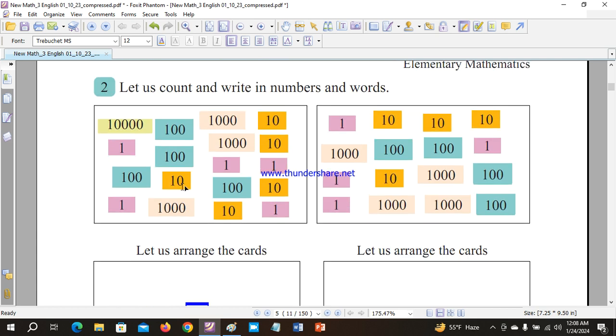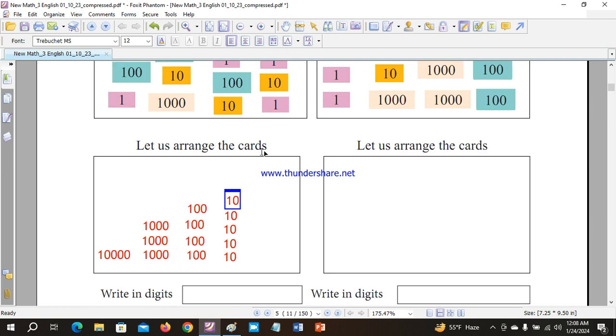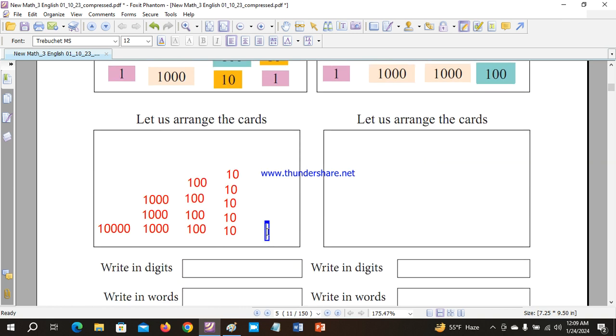And 1 2 3 4 5, 5 tens, and 1 2 3 4 5, 5 ones. So write in digits.